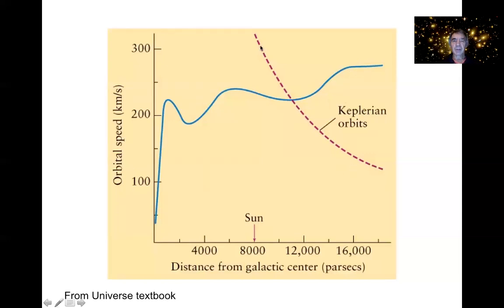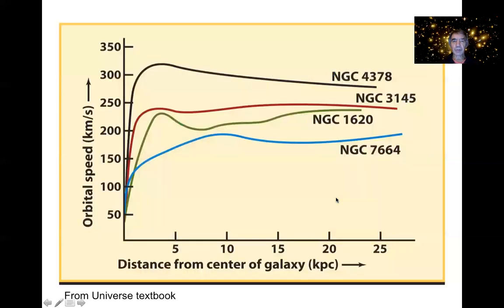And yet, once we get out here, way past the sun, most of the visible matter in our galaxy is in here. So we would expect the rotational speed, v, to start to go down as 1 over the square root of r, a curve looking like this. But you can see that the rotation curve does no such thing. And the same is true for every other galaxy we've ever looked at.